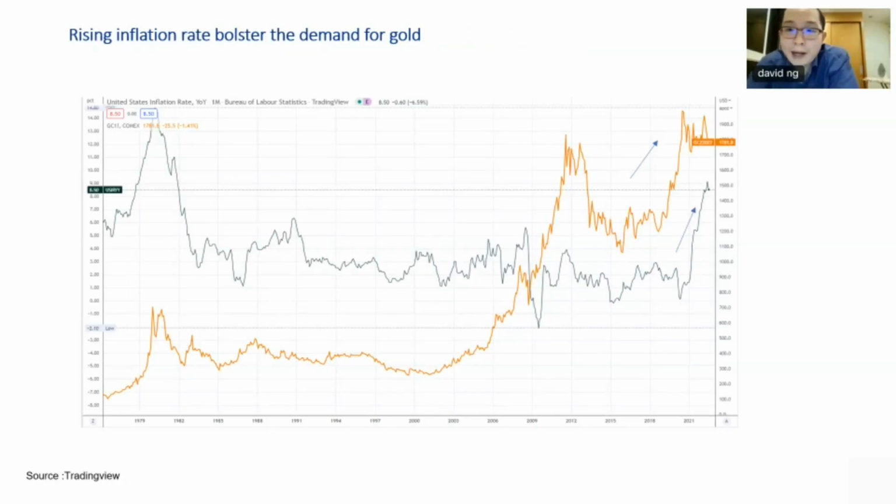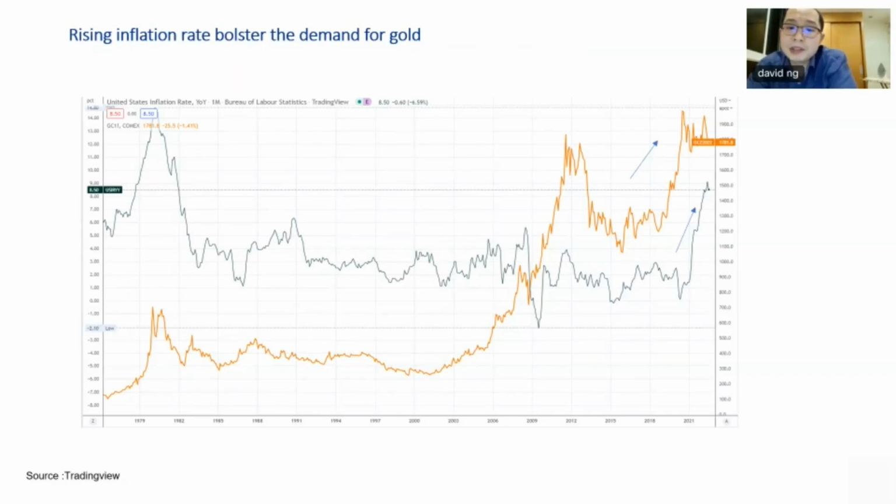Now, if you compare the inflation numbers against gold prices, going as far back as the 1980s, you can clearly see how supportive high inflation is for gold prices. Back in the 1980s, inflation numbers skyrocketed, and in that period, the price of gold also did rally.